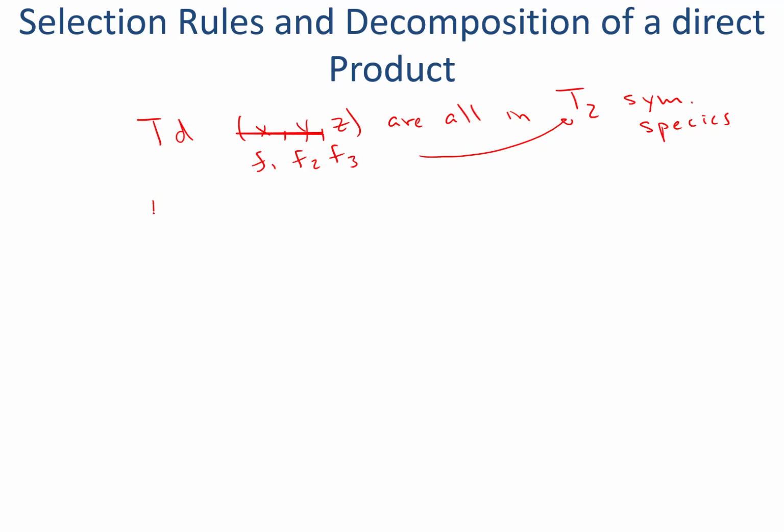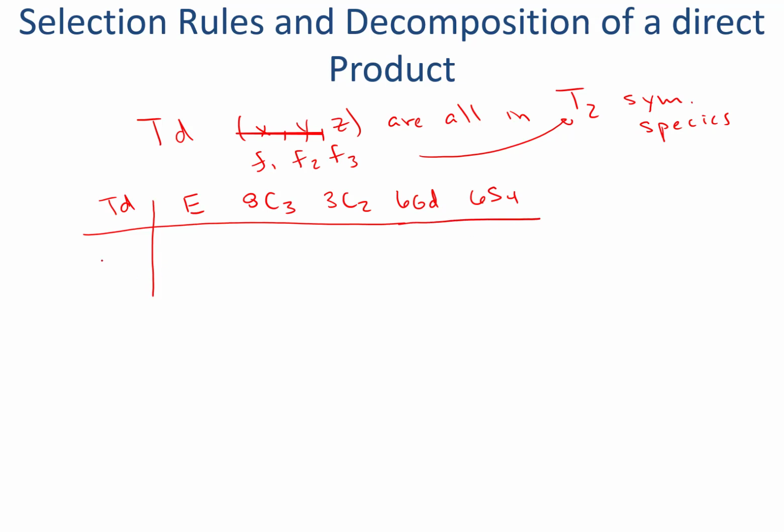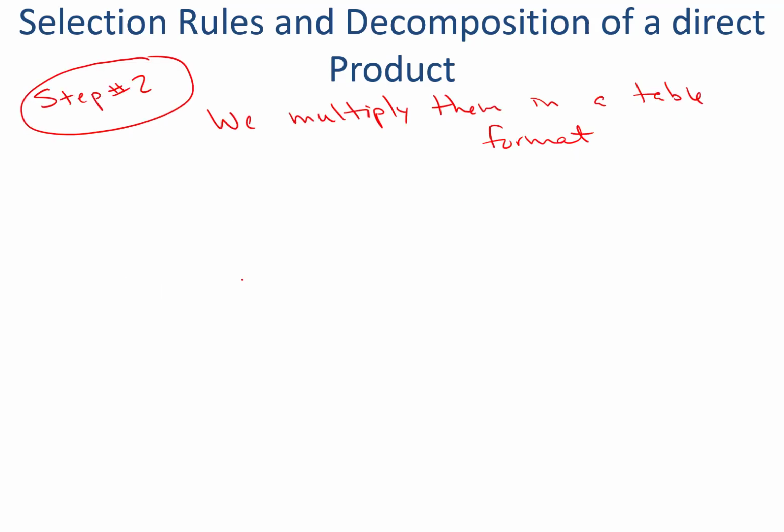We can go ahead, look in our character table for Td, and there's 5 classes. We've got E, we've got C3, we've got C2, our dihedral, as well as our improper rotation. And for T2, those values are 3, 0, -1, 1, -1.